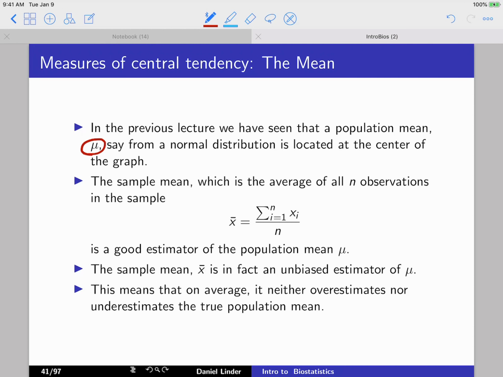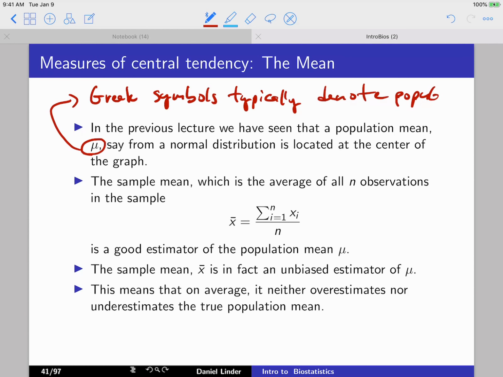So these Greek symbols are just typically used for population parameters. So again, I'll write Greek symbols typically denote population parameters. There's nothing magical or special about this.